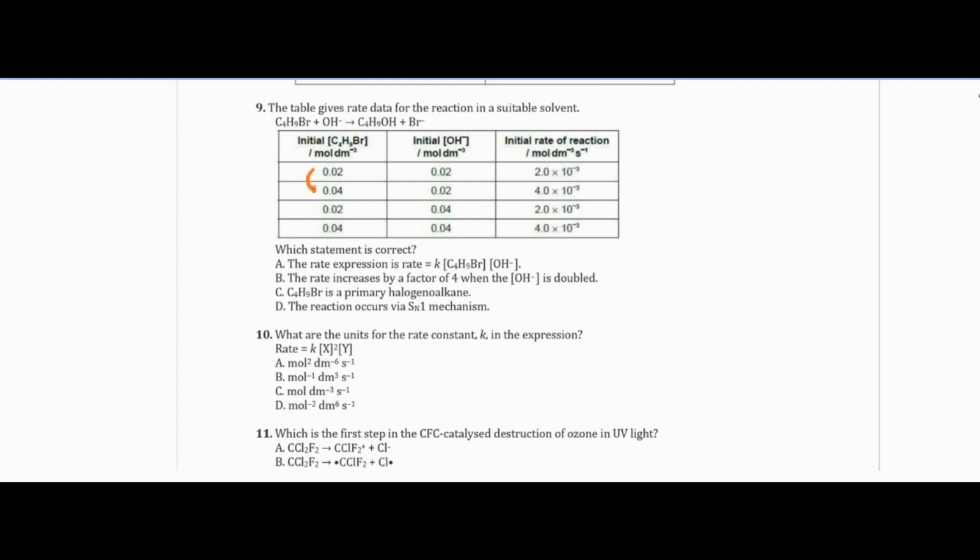So if we double this while this remains constant, this doubles, which indicates that that is first order. Then looking at the hydroxyl, I'm going to pick this. That doubles, and this stays the same. This also stays the same.